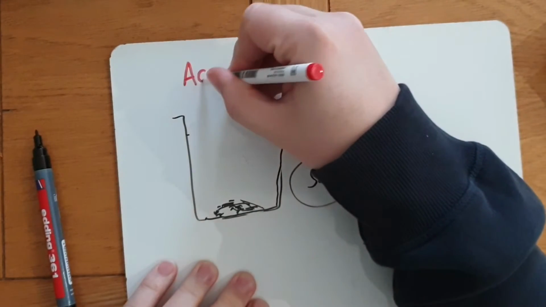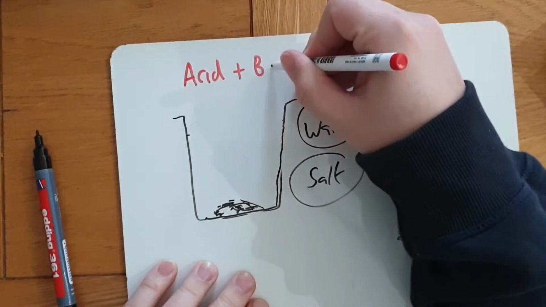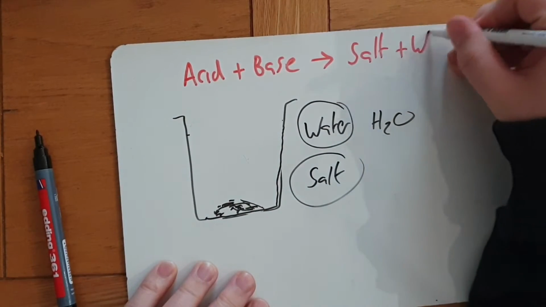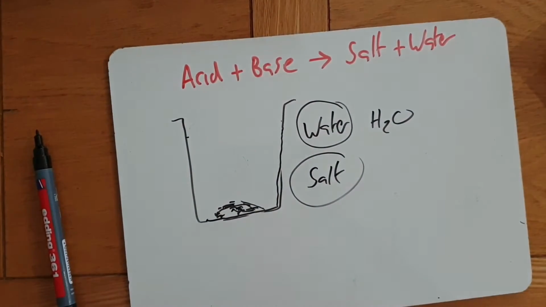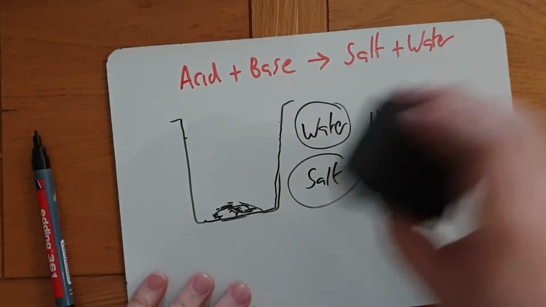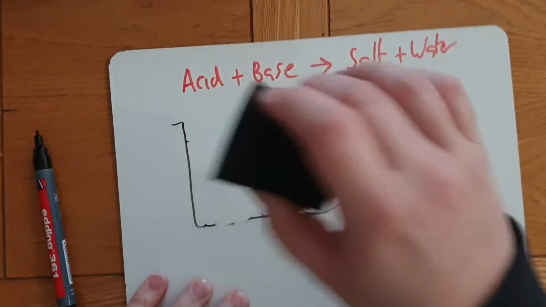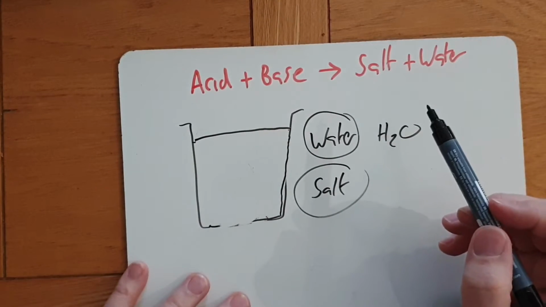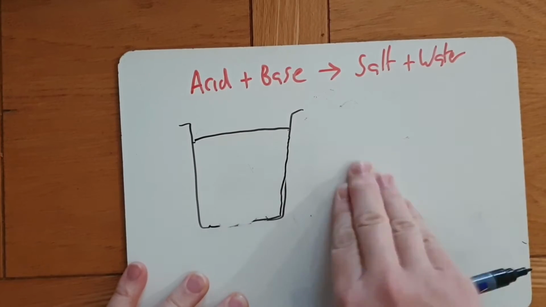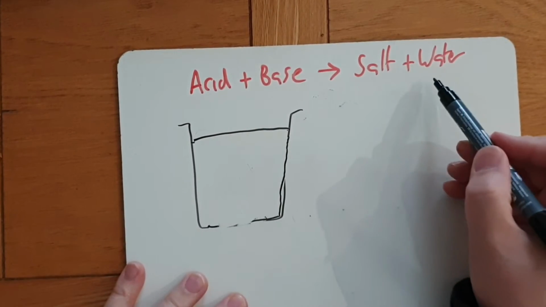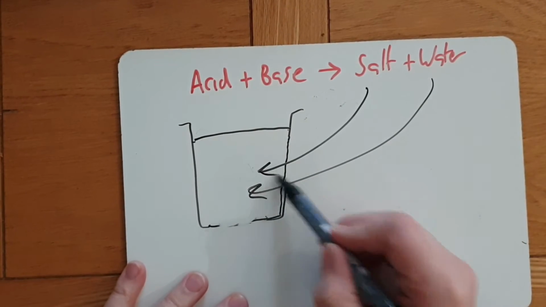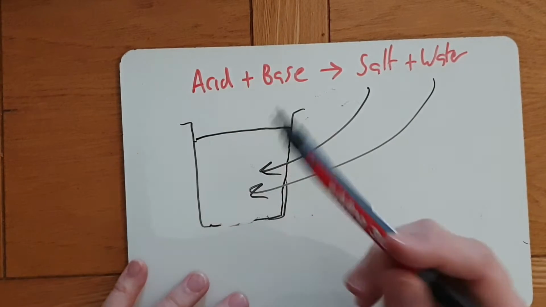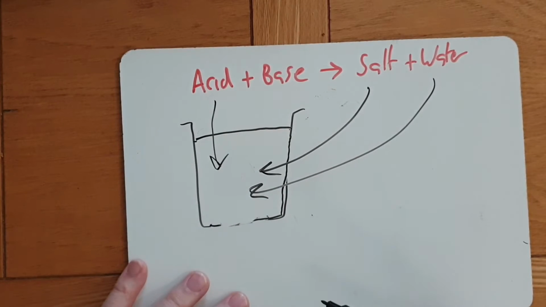So we just said we needed an acid and we needed a base to make salt and water. So what that would mean is if we didn't do this reaction perfectly, we might end up with a situation where we've got our beaker, we've definitely got some water in there, we've definitely got some salt in there, but if we added too much acid, we'd have some acid left in there as well.